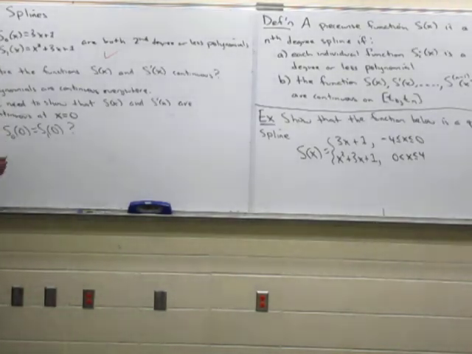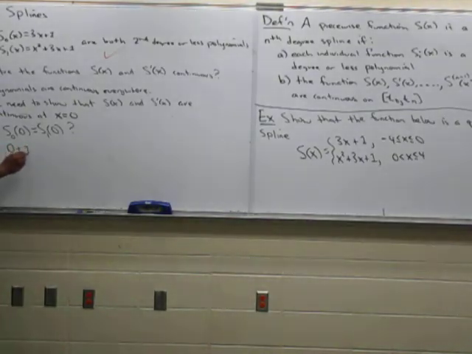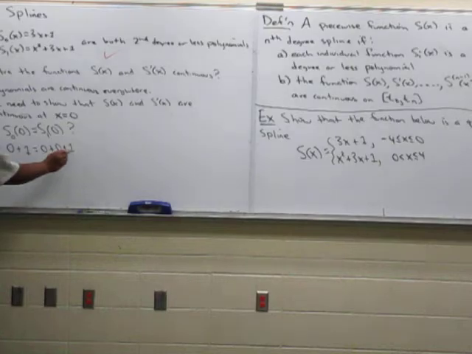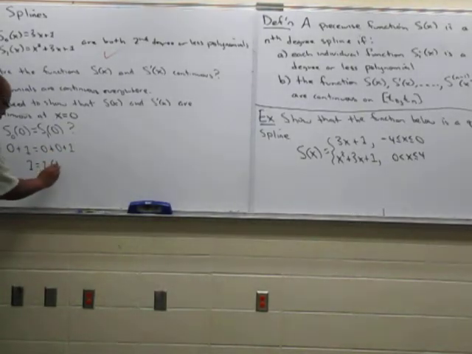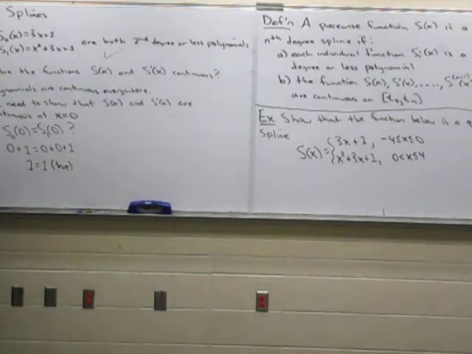When we plug it in, we get 0 plus 1 equal to 0 plus 0 plus 1. 1 equals 1. That is true. So we give a little check there. These guys are equal.